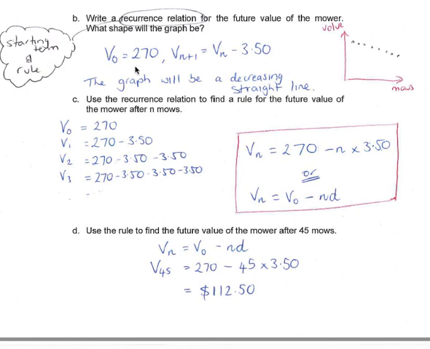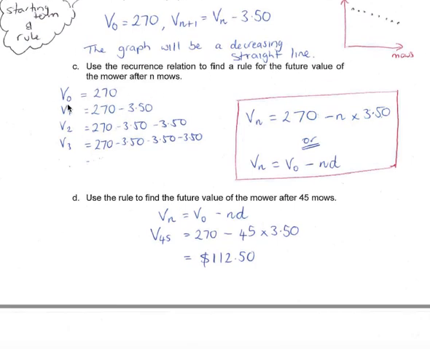So initial value is 270, comma, the value after however many uses is the value of the number of uses before it, take 3.50. This will then give you a straight line graph, as we can see here, the value and how many mows you've used it for.